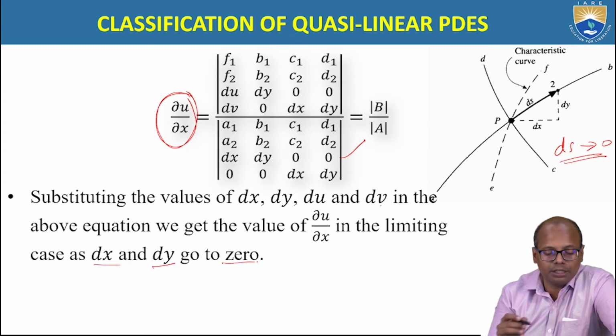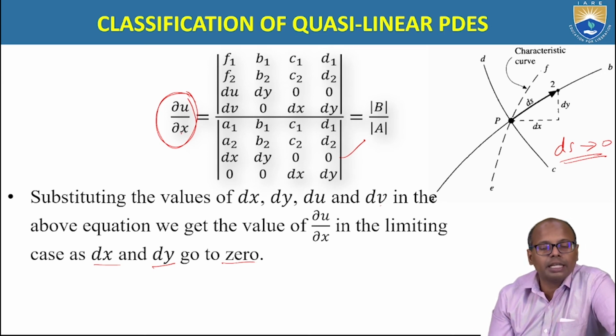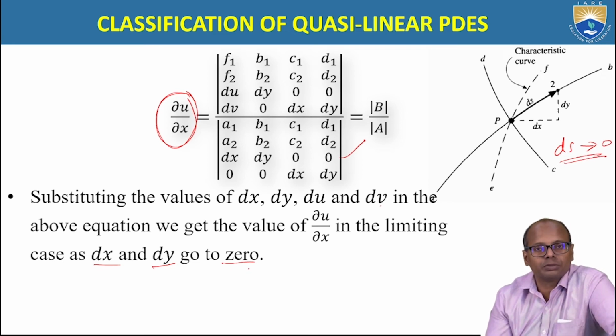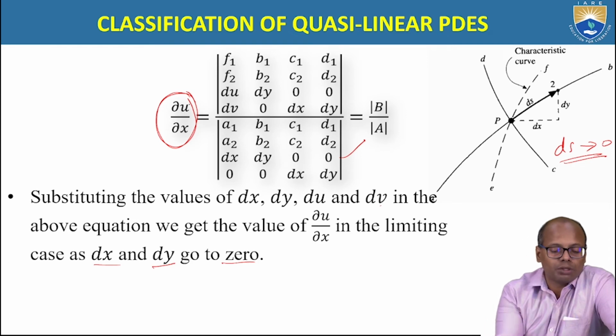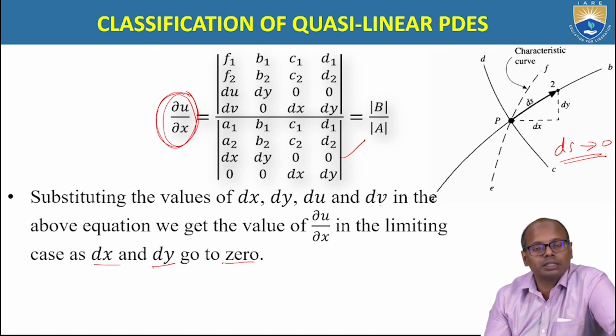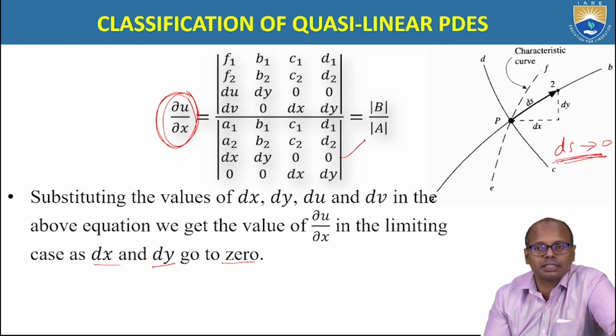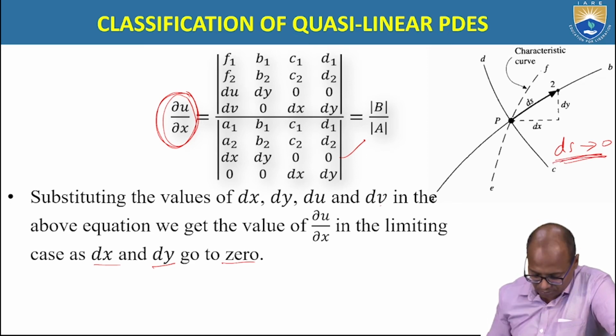So the value of dou u by dou x that we are getting is the limiting value of dx and dy tending to 0. What we are getting from this equation is a limiting value of dou u by dou x, where dx and dy are tending to 0, since we have moved an infinitely small distance, that means ds is tending to 0.